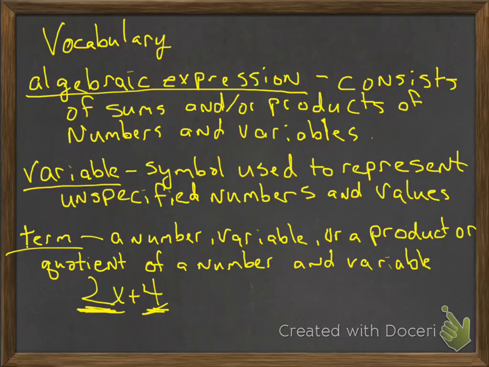So this expression right here has two different terms. You're going to hear me use this kind of language a lot. You need to get used to the academic vocabulary. You've got to be consistent with this.